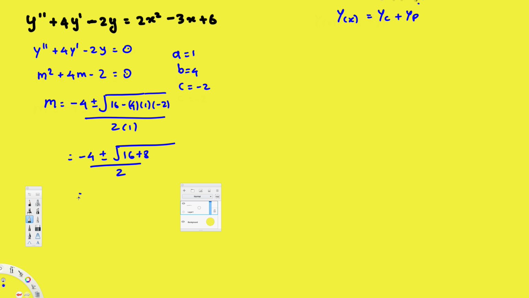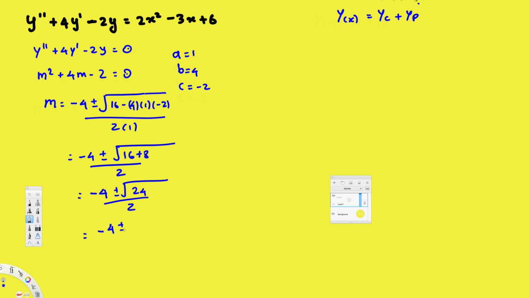divided by 2. Now let's simplify this. Oh, I had to add this first: 16 plus 8 is going to be 24, divided by 2. Now 24 is 4 times 6, so we can write it like that: minus 4 plus or minus the square root of 4 times 6.